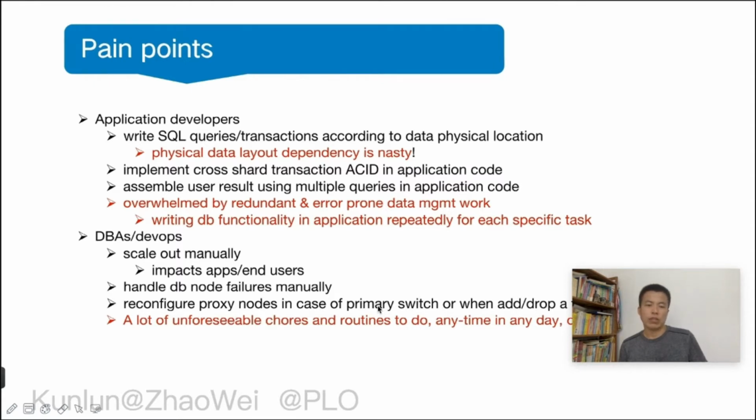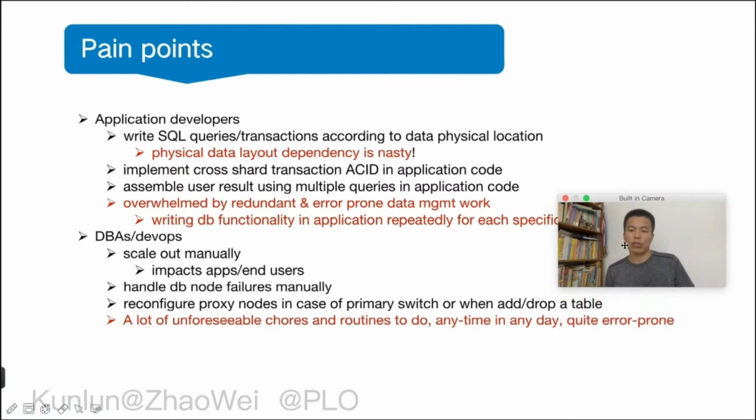For DBAs and DevOps, they have to scale out database clusters manually or handle database node failures manually. They often also have to reconfigure proxy nodes in case of primary switch or when you add or drop a table. That's a lot of unforeseeable chores and routines to do, anytime on any day, so quite error-prone.